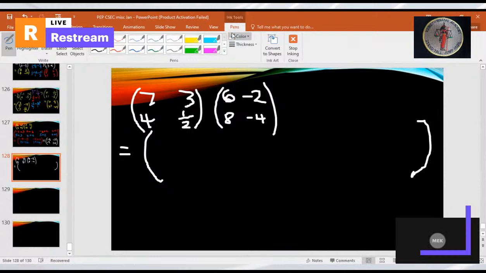And let's use a different color so that we can see it clearly. So it's going to be by this column: 7 times 6 and 3 times 8. And then we're going to have 7 times negative 2 and 3 times negative 4.